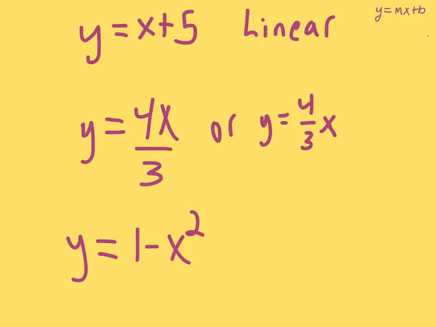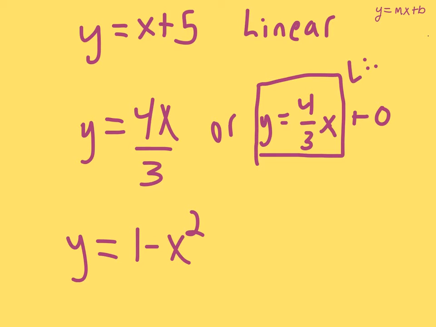Y equals 4/3 would be your m, then your x. But what's your b? Well, your b is 0, right? If you wanted to put plus 0, you could, but it's not going to change your values any, okay? So this one can be written in y equals mx plus b. So this one too is linear.